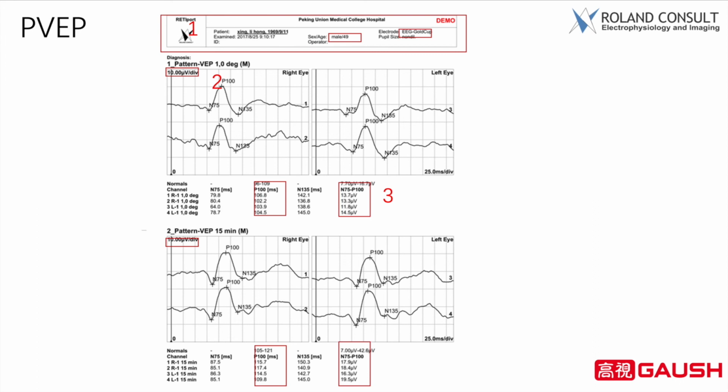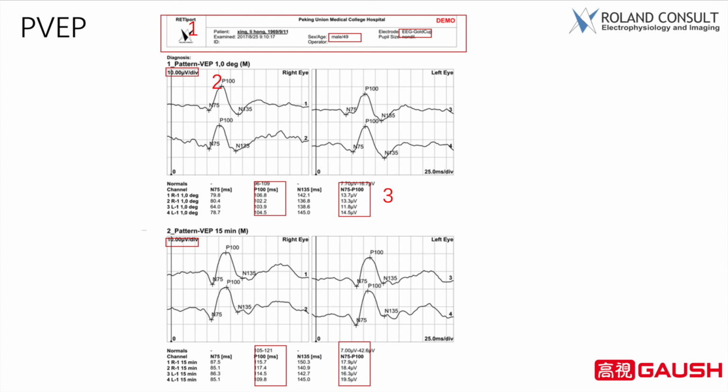In this case, the amplitude of P100 is more than 10 microvolts. Generally, the amplitude of P100 in children under 15 years old is more than 20 microvolts, while in adults it is about 7 to 20 microvolts.